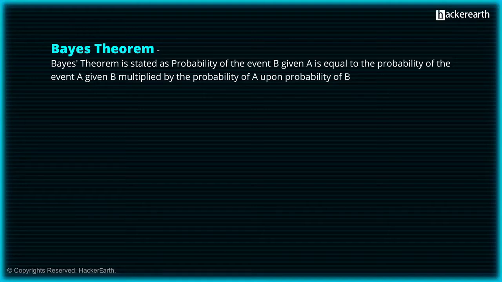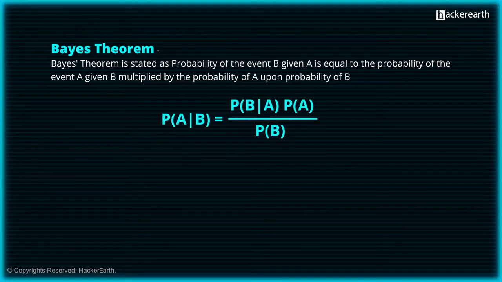More formally, Bayes' theorem is stated as: the probability of the event A given B is equal to the probability of the event B given A multiplied by the probability of A upon the probability of B. Let us understand the statement first, and then we will look at the proof of the statement.